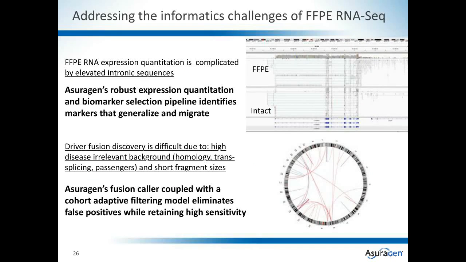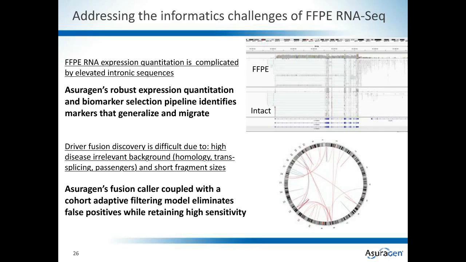The informatic challenges with FFPE RNAseq start with expression quantitation. Unlike intact RNA and fresh frozen, in which we can apply a poly-A prep, in the RNA that we see in FFPE samples we see an increased level of intronic sequences. This is illustrated by this IGV plot at the top right of this slide.